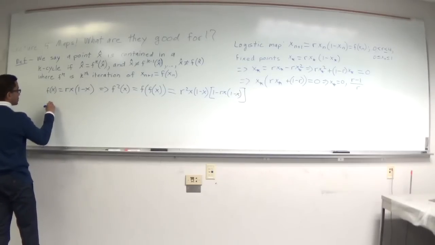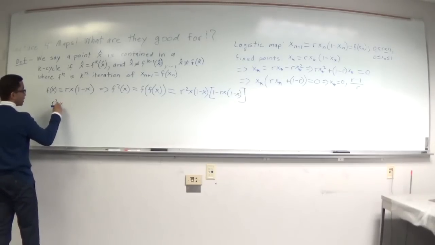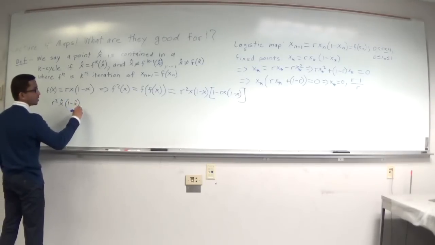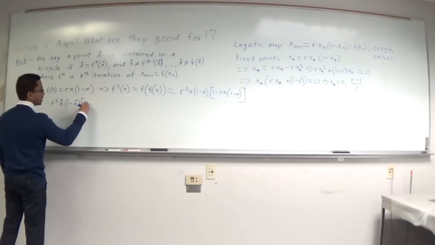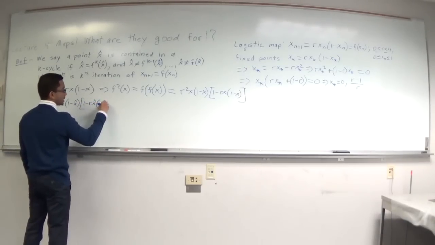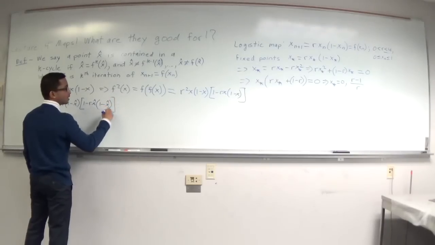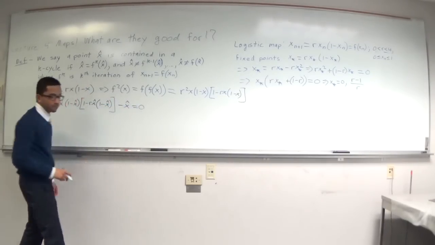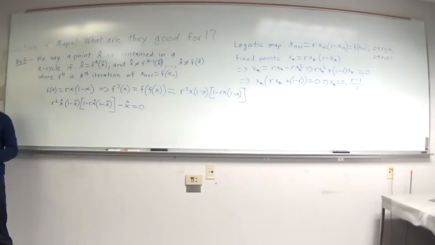So let's write it like this. r squared x hat times 1 minus x hat times 1 minus rx hat times 1 minus x hat, minus x hat equals 0. So those are the same things, right? But now, what do we want to do? So that's a quartic equation, right?